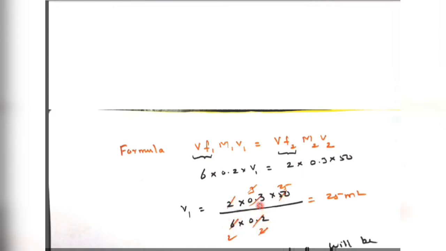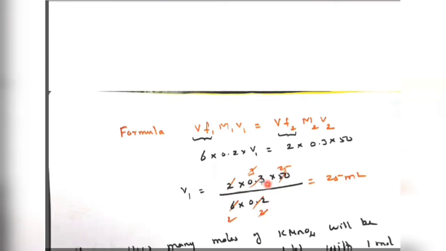The 2 is cancelled, and the 3 goes in 6 two times, and this 2 in 50 goes 25 times. So this is 25 ml. Here 0.3 is one decimal and 0.2 is one decimal, multiply and divide by 10, so rationalizing the formula, we get 3 and 2.